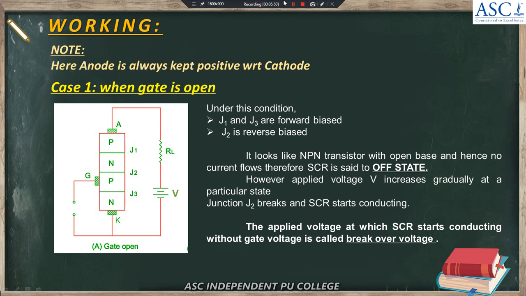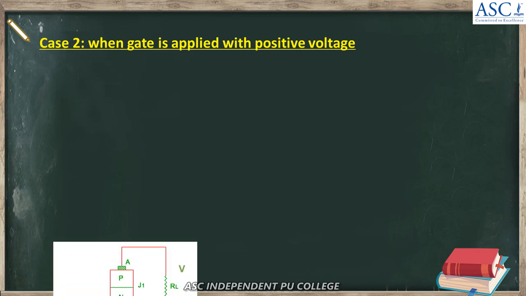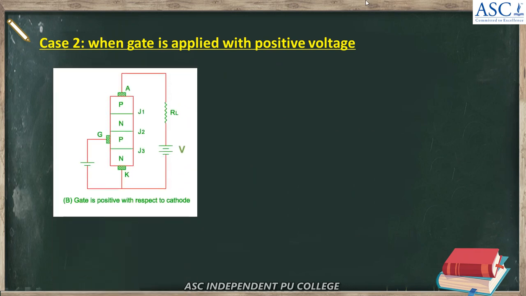Now we'll move to the second case, that is, when gate voltage is applied, a positive voltage. Here gate voltage Vg is applied. When Vg is applied, electrons from the N region move towards the P semiconductor. Similarly, holes present in P move towards the N semiconductor.